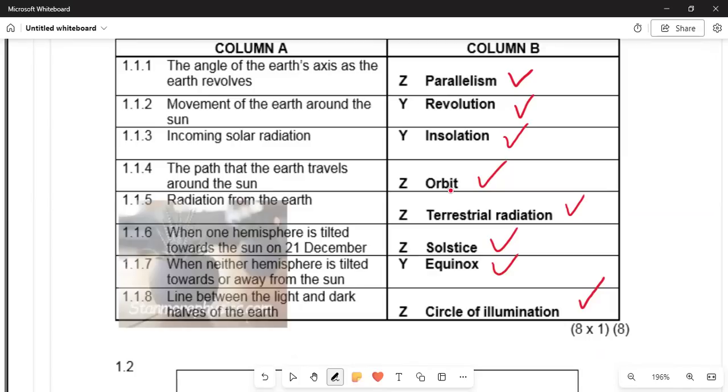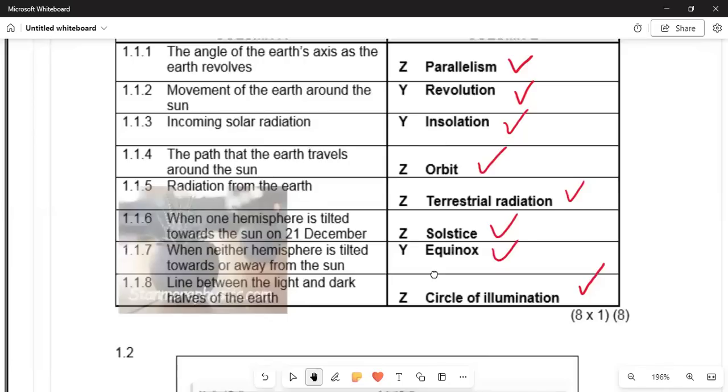In 1.1.7, when neither the southern hemisphere nor the northern hemisphere is tilted towards or away from the Sun, it is called the equinox. Remember, the tilt refers to the slight angle of the Earth's structure. In 1.1.8, the line between the light and the dark half of the Earth is called the circle of illumination. That is 8 marks.